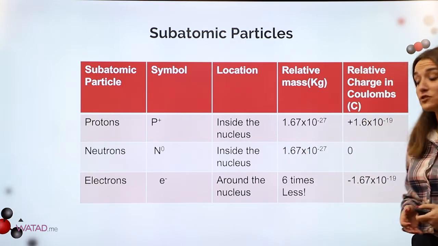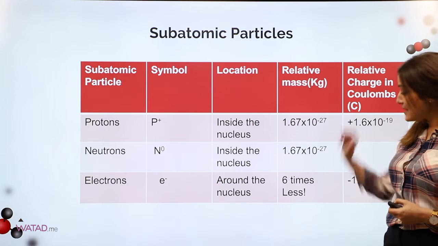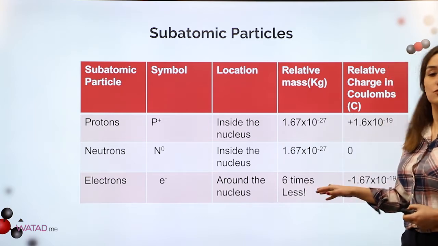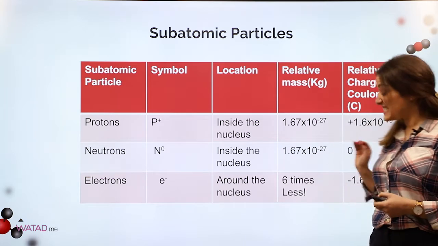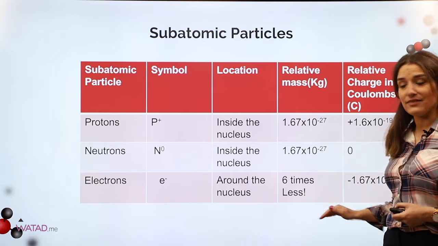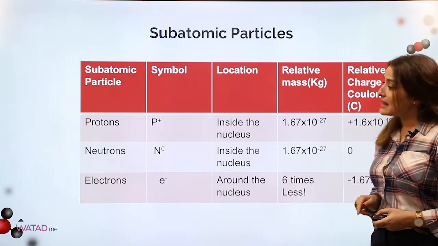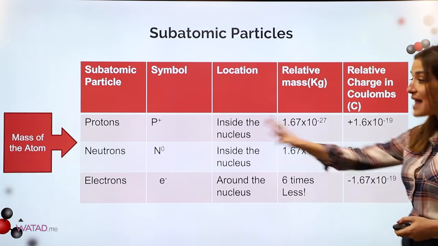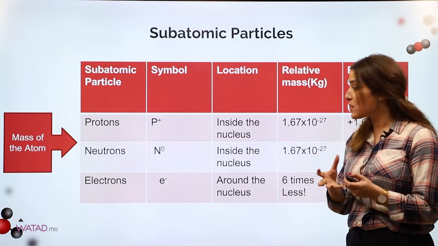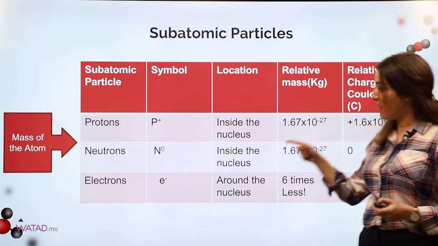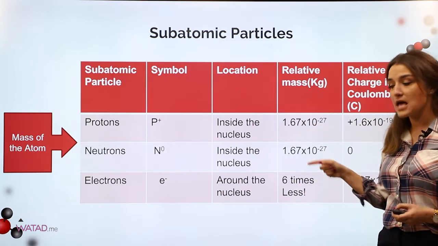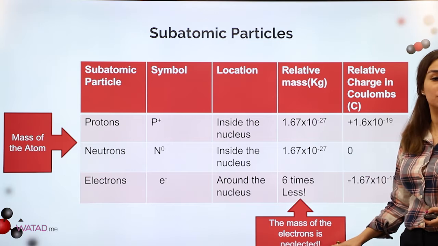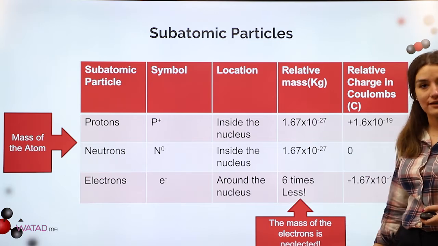But what is interesting to note here is that the mass of the electrons is basically 6 times less than this number. And here we can notice that the mass of the atom is actually concentrated in its nucleus, where we have the protons and the neutrons. And the mass of the electron is basically neglected.